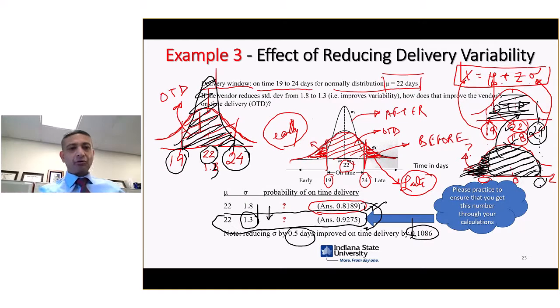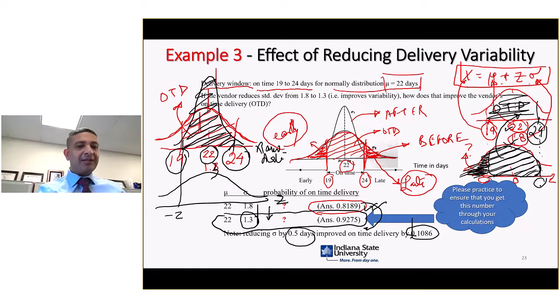Because the raw data here, when transferred into a corresponding Z distribution, this 19 turns into a negative Z value, the 24 turns into a positive Z value. And all you're trying to figure out is this area between those two Z values. The same exact application of number 5 that you saw in that other slide.